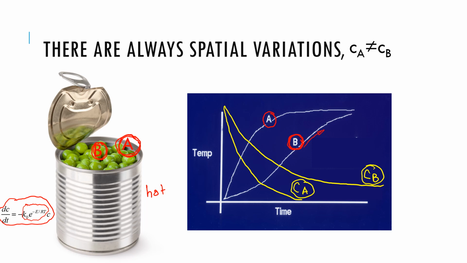Let's try to generalize this idea. First, there was a reaction, this one, then the process, temperatures varying between A and B, and then some sort of averaging.